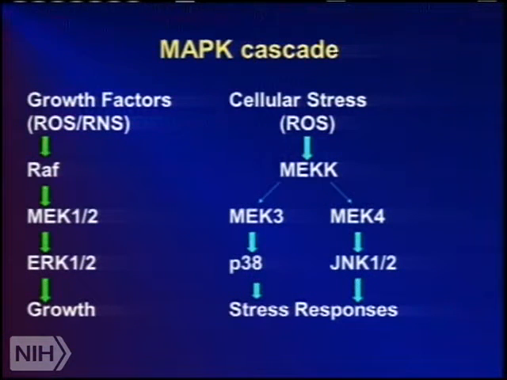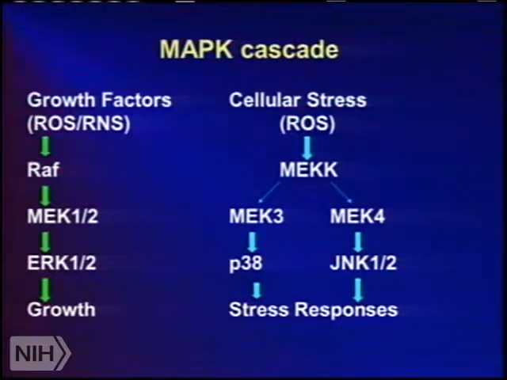So in terms of the reactive oxygen species, low doses again will go through the RAS pathway, activating MEK1, which stimulates ERK1 and 2, leading to growth. And then very high doses of reactive oxygen species will activate MEK3 and MEK4, leading to P38 activation, which we know inhibits growth.